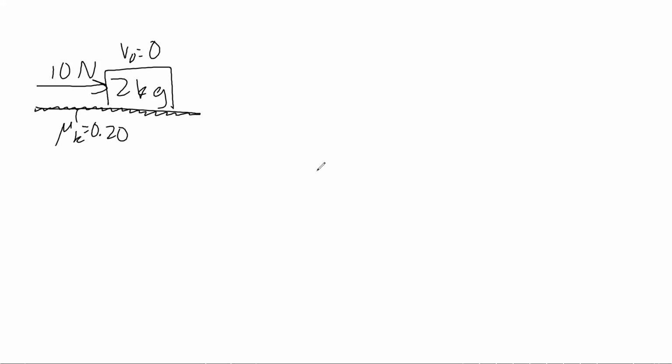All that is to say is that the vectors have to be anti-parallel. If you're moving in this direction, kinetic friction has to be in the opposite direction, and drag as well. Those are two forces that are always opposite the direction of the motion.